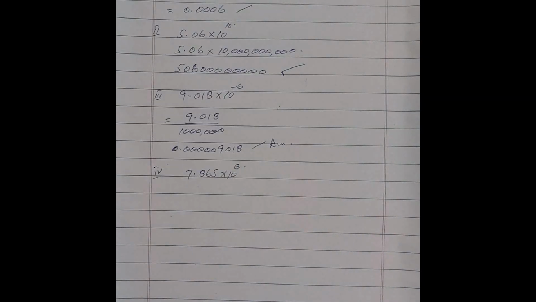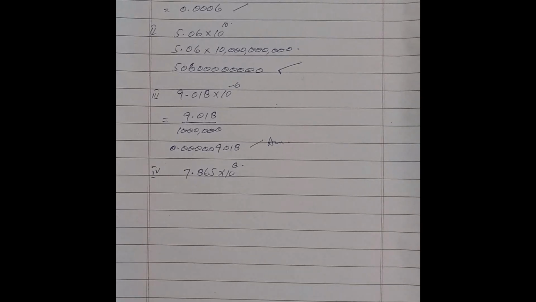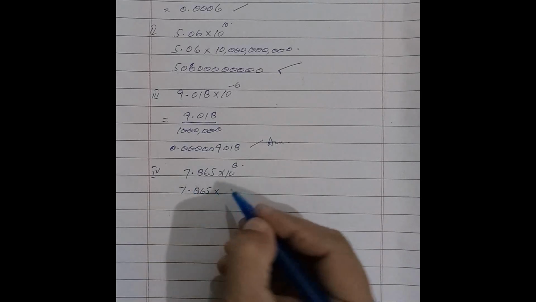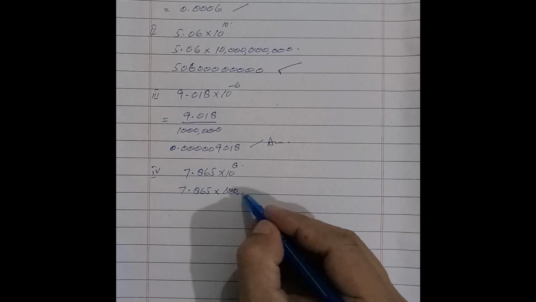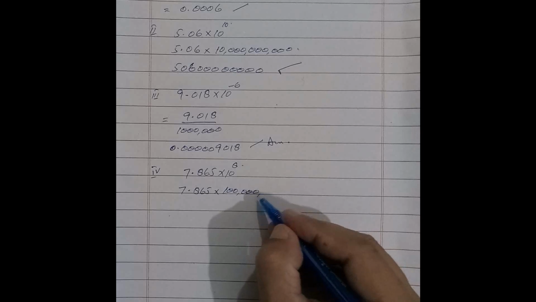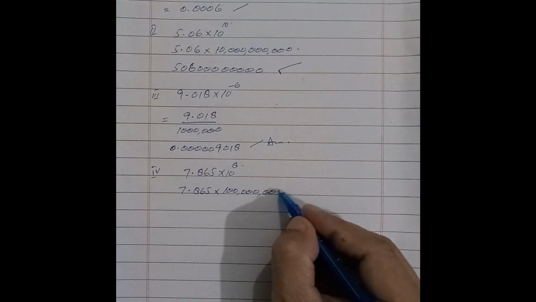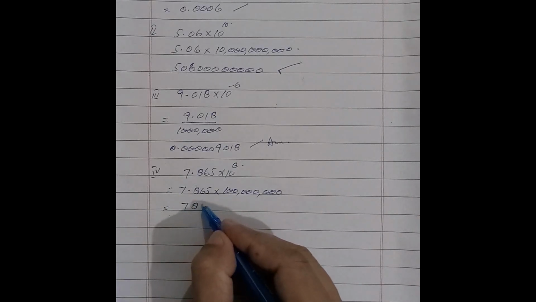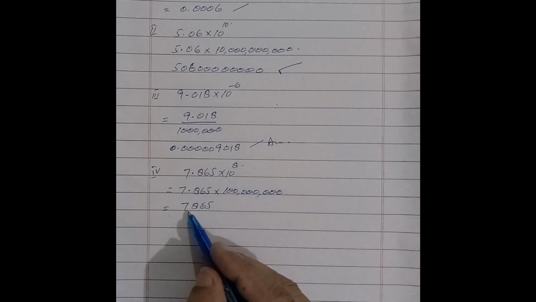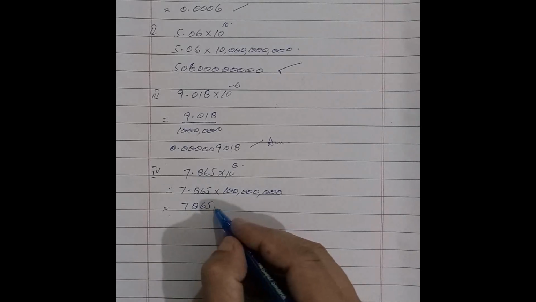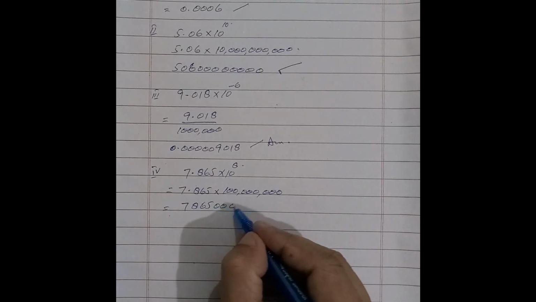So in this value we shift the decimal 8 points right. 10's power 8 means 8 zeros, and the answer is 786500000. Here the decimal is here. We shift 8 points on the right side: 1 2 3 4 5 6 7 8.